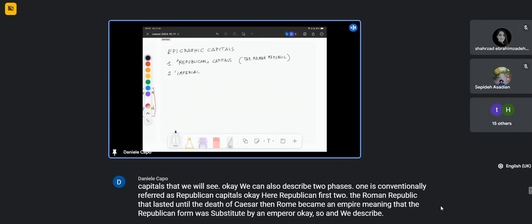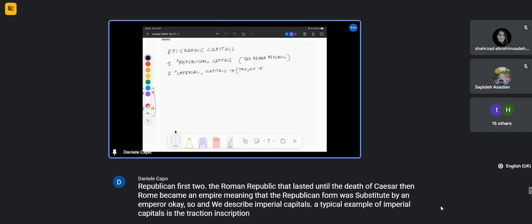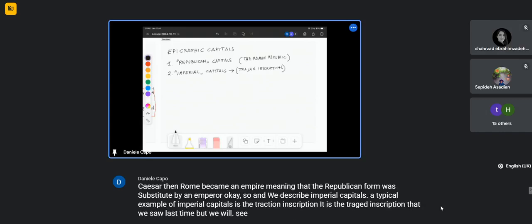We describe imperial capitals. A typical example of imperial capitals is the Trajan inscription. It is the Trajan inscription that we saw last time, but we will see this again.